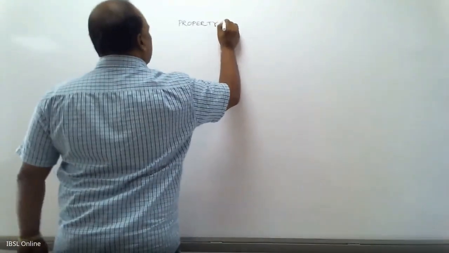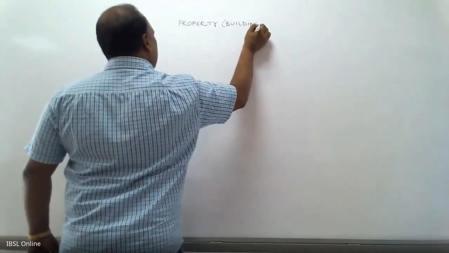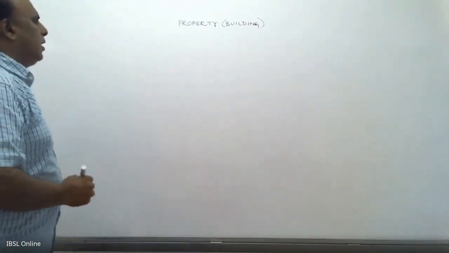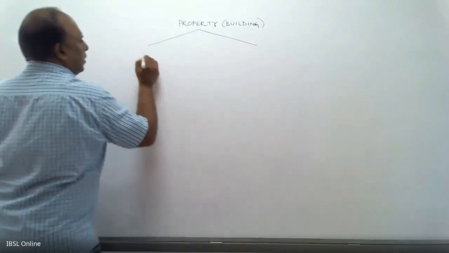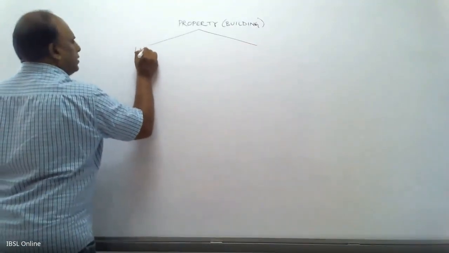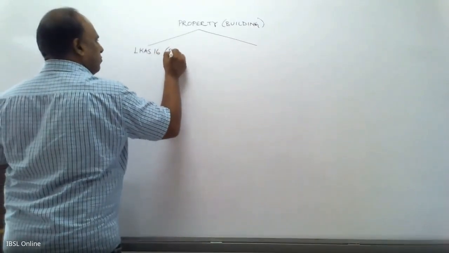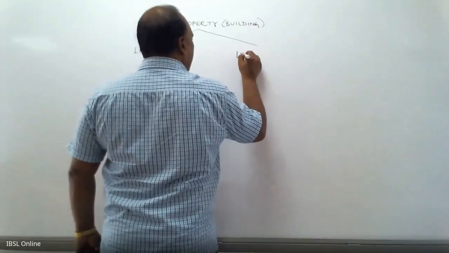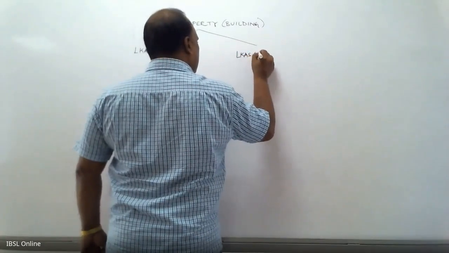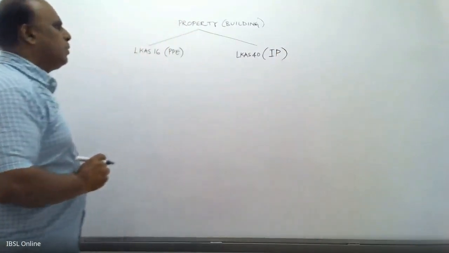Let's say this is a building or a land. Now there could be only two options. If it is under LKS 16, it is a PPE. If it is under LKS 40, it's an IP. IP means investment property, short form.